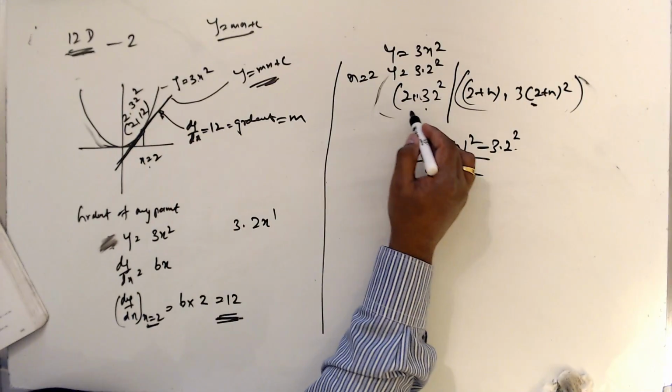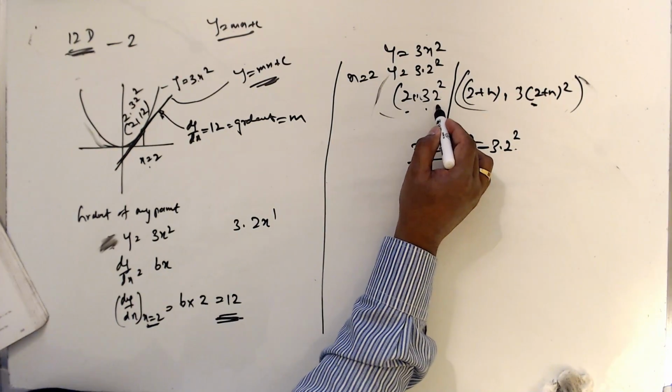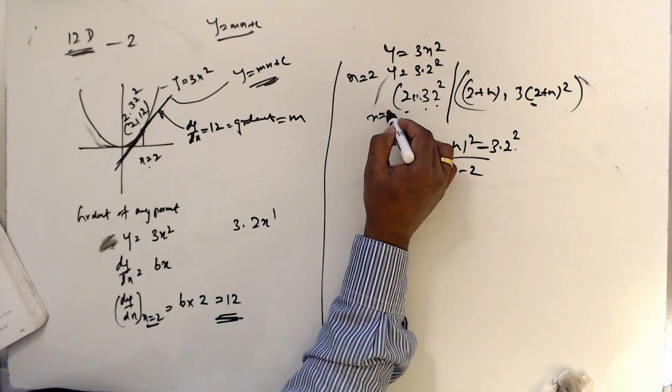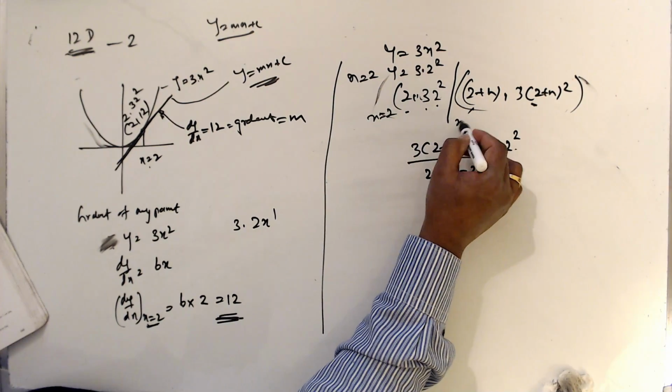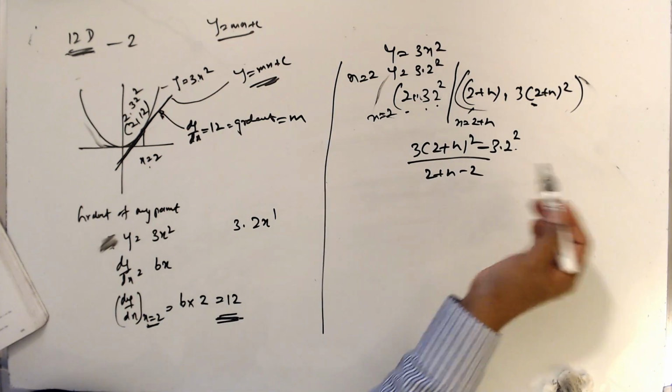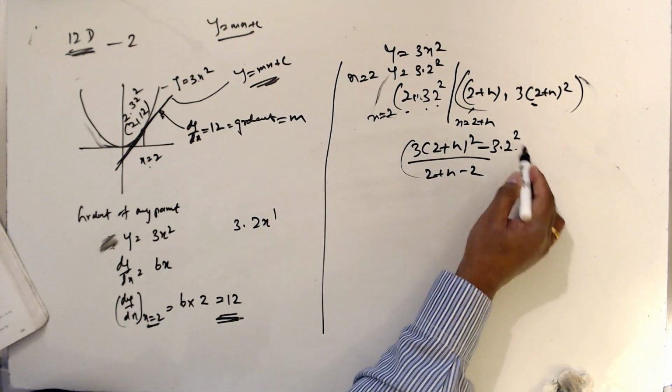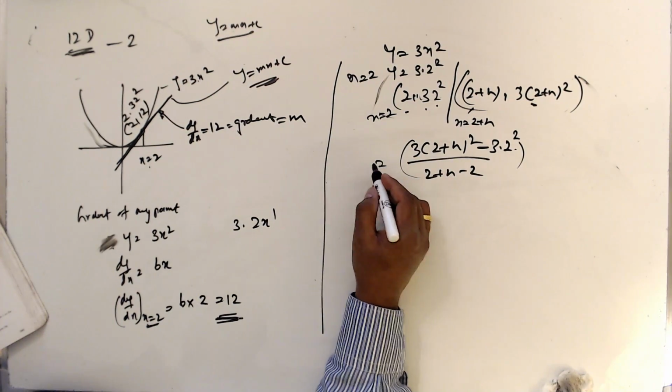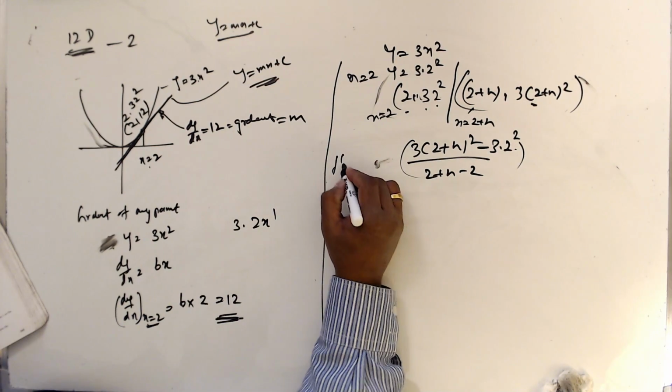So this is one point when x equals 2, and this is when x equals 2 plus h. And you get the gradient, and then you take the limit.